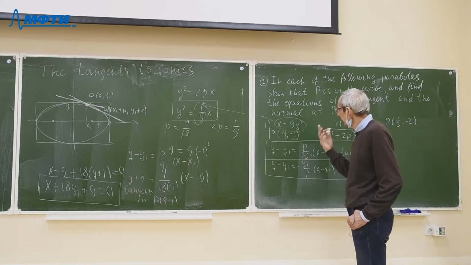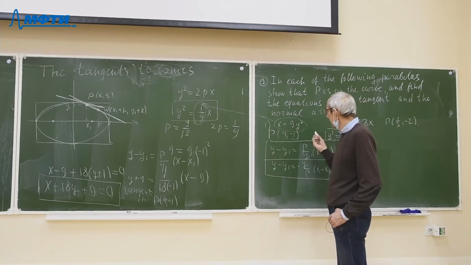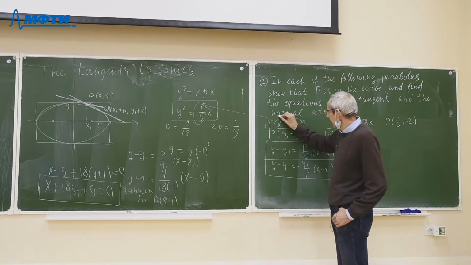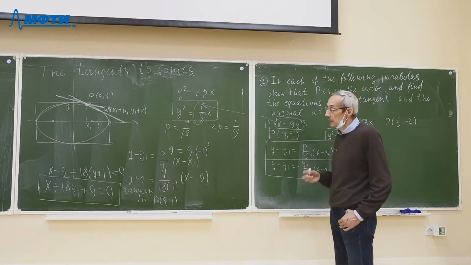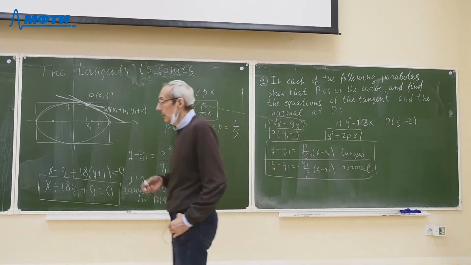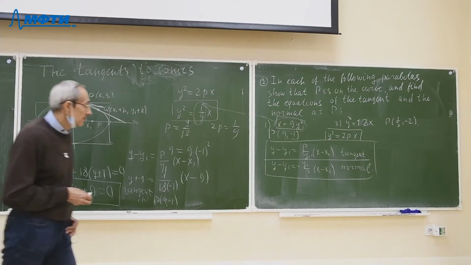Yes, we have two expressions: the equation of parabola and the point P are given, and we must calculate the equation of tangent and normal in this given point.